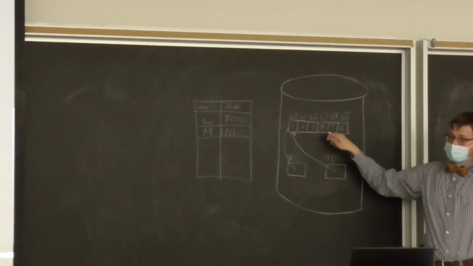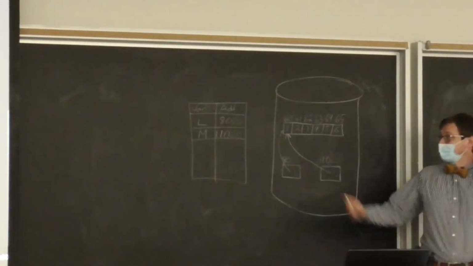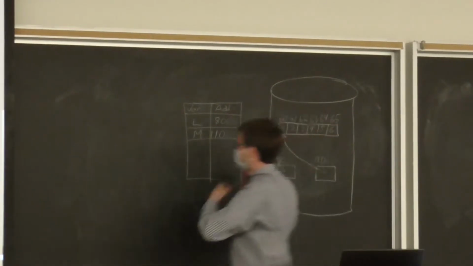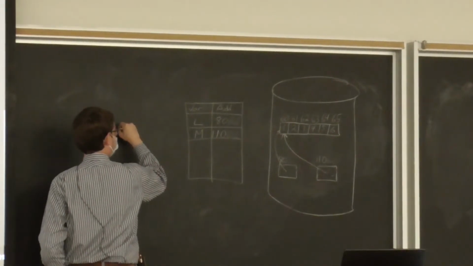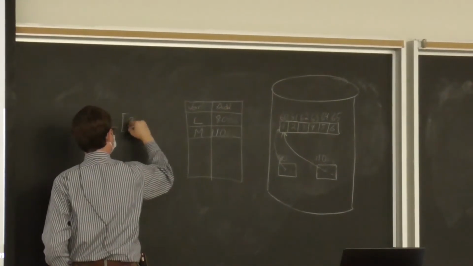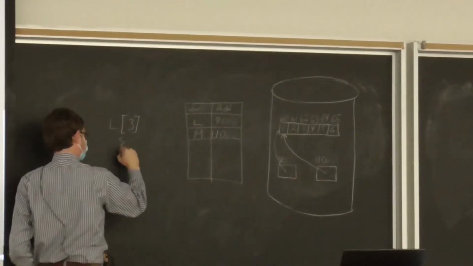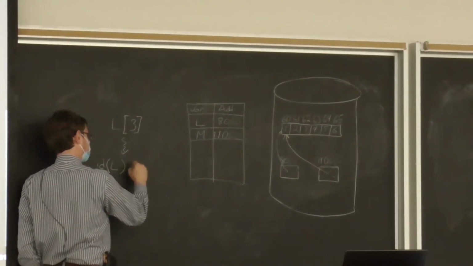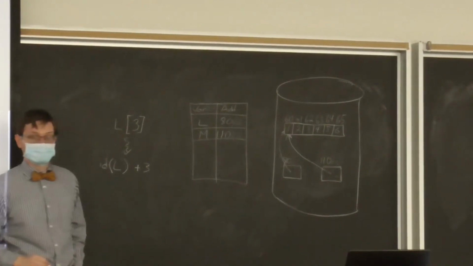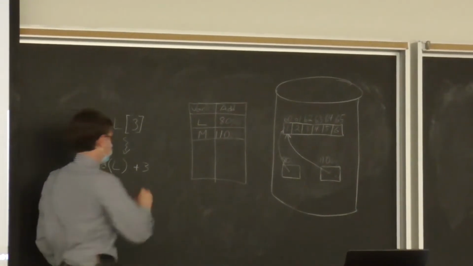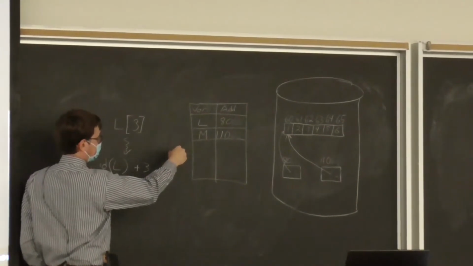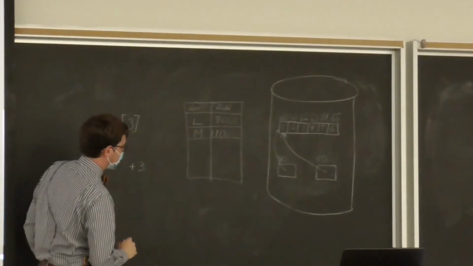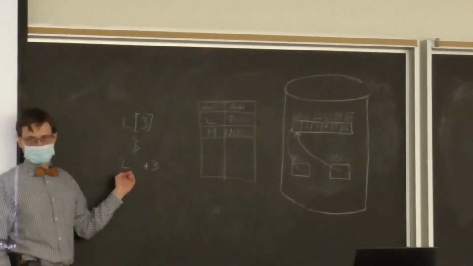These are the memory addresses of all of the elements of the data structure, right? 60, 61, 62, 63, 64, 65. When you say L at 3, what that's actually being interpreted as is the value of L plus 3, the address of L.